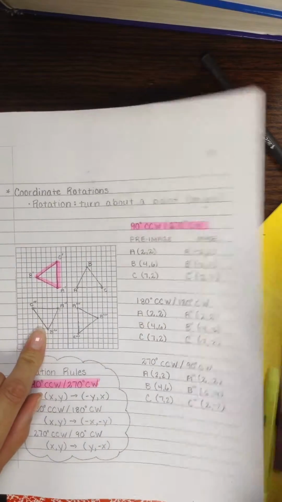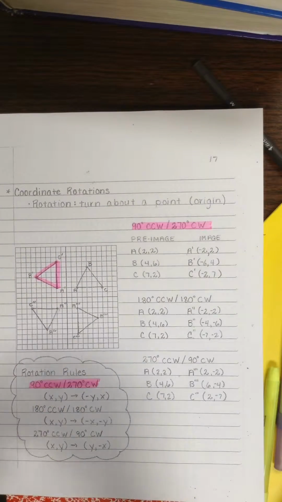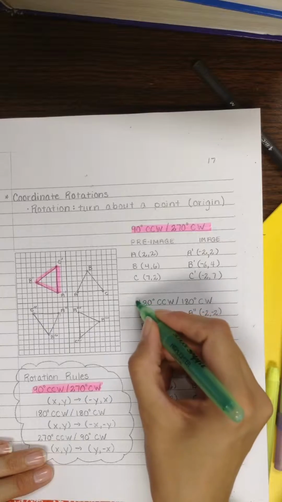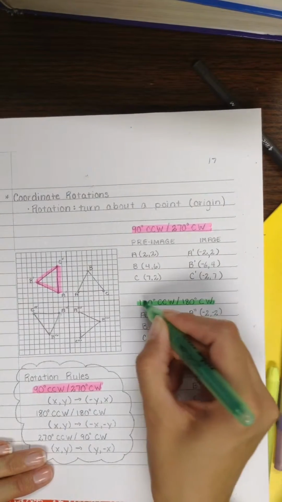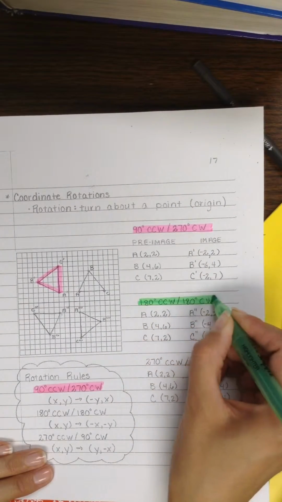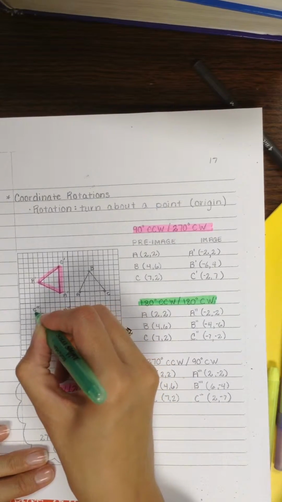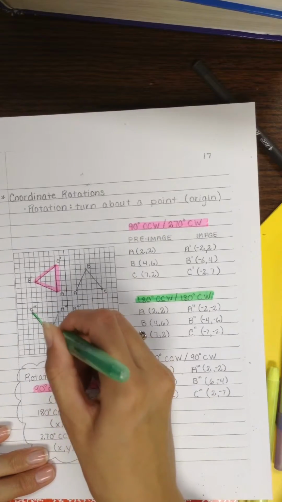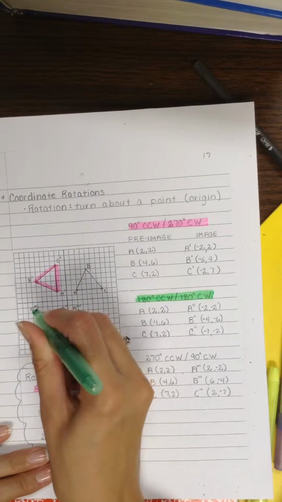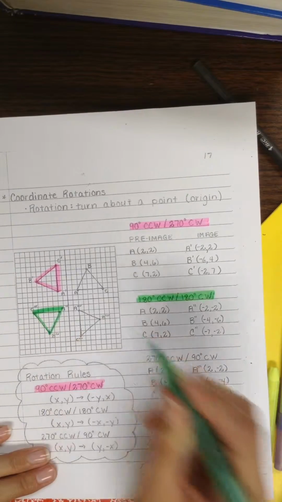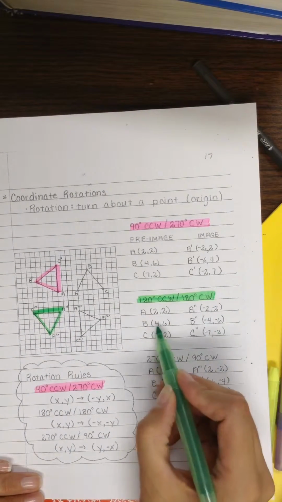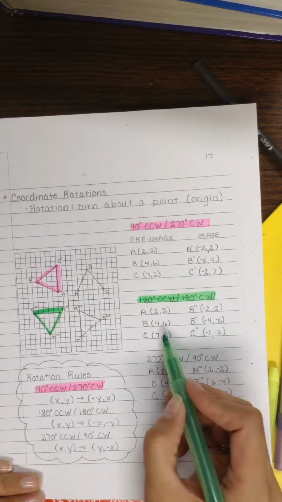Let's pick a different color to highlight on this one. So let's highlight the 180, our image from that, and the corresponding rule, how the points change. Here, they just become both negative.